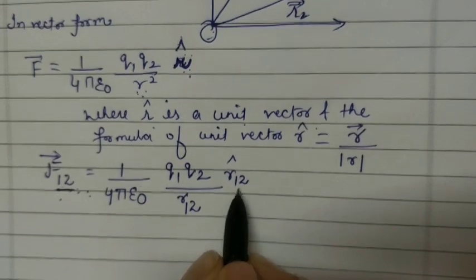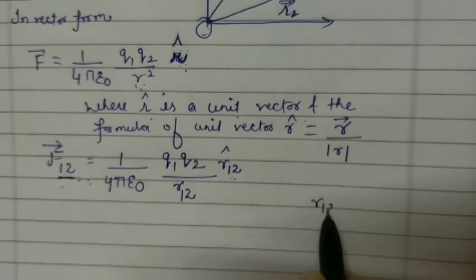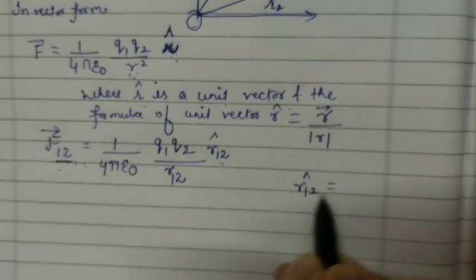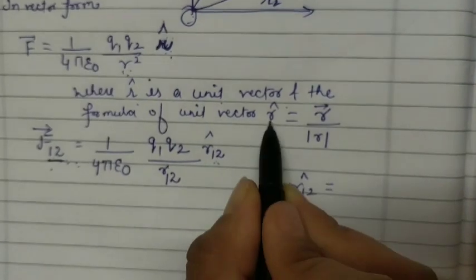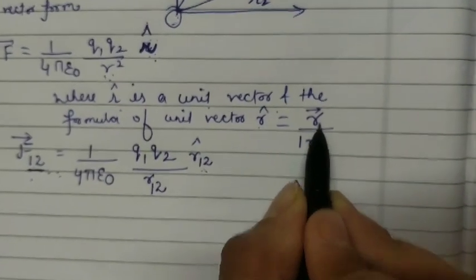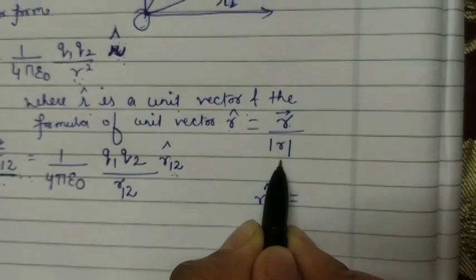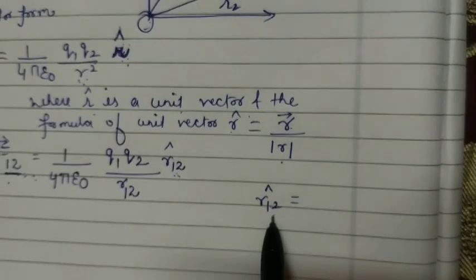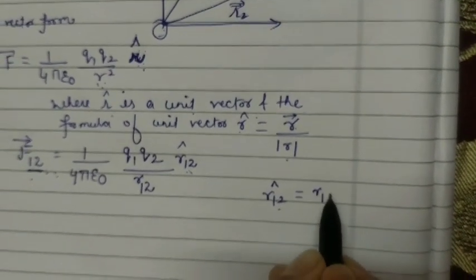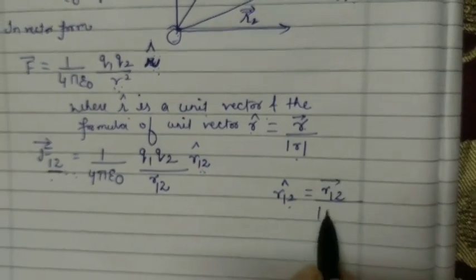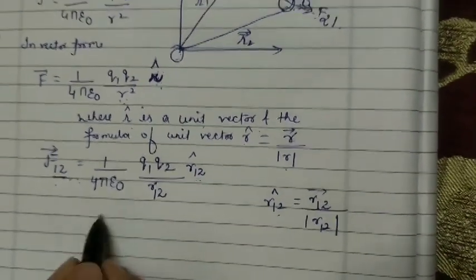Now we will solve this unit vector. This unit vector can be written as R12 cap. The formula of R cap is R vector divided by magnitude of R, and R12 cap can be written as R12 vector divided by R12 magnitude.